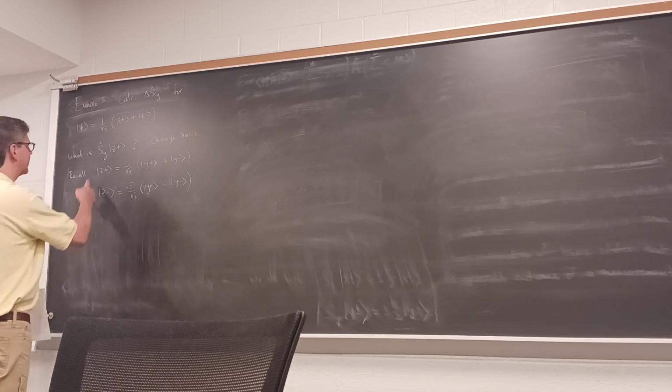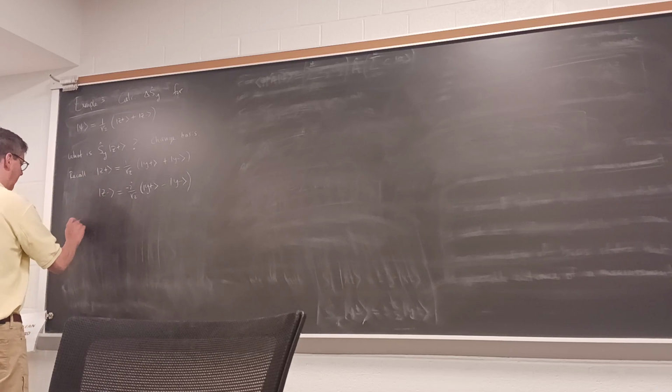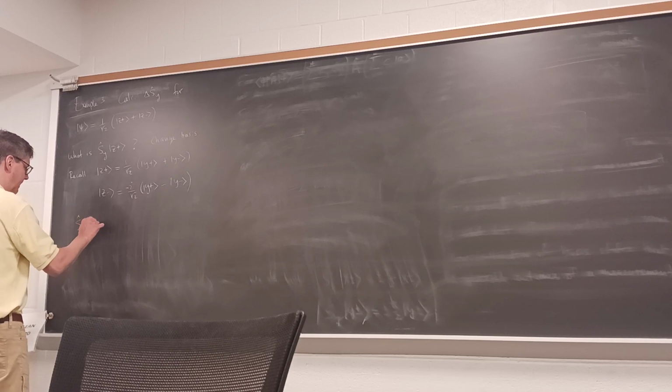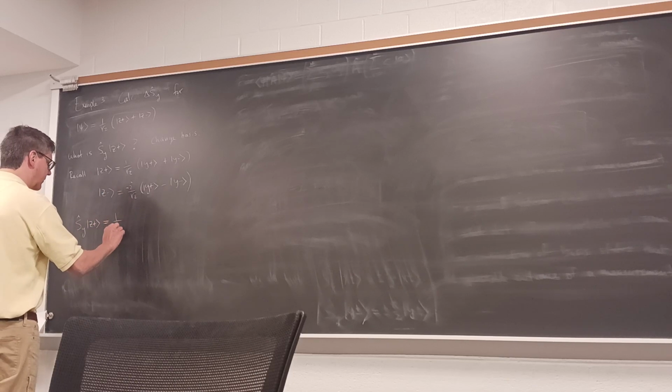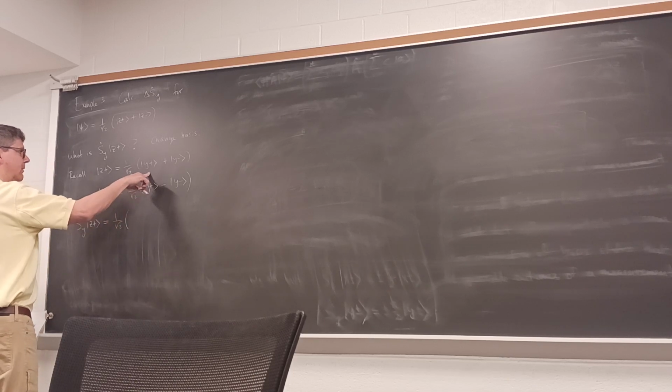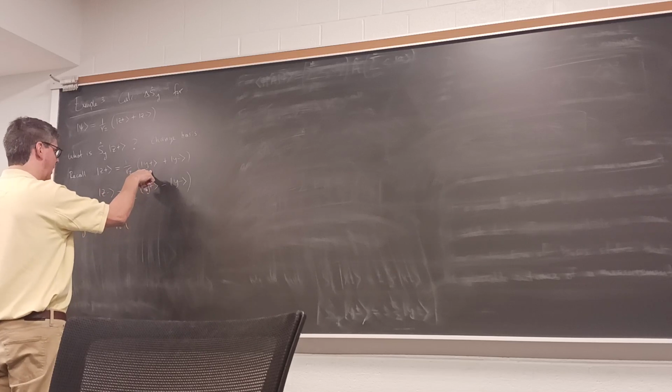Okay, so we can calculate these things now. So SY on Z plus is 1 over the square root of 2 of SY on Y plus. What's that?